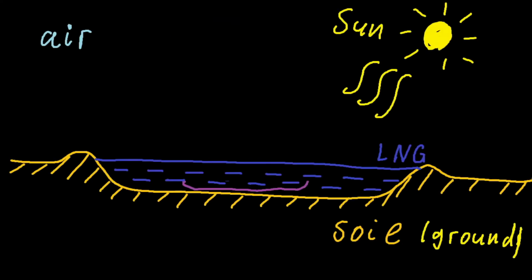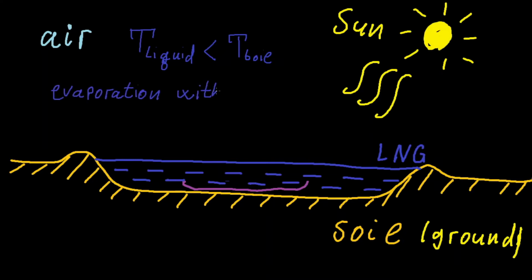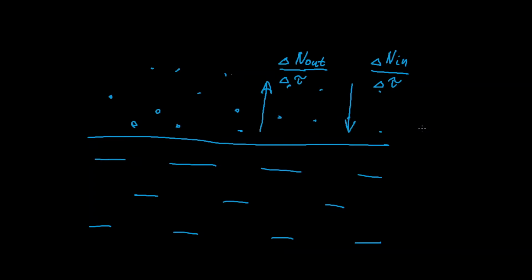When the liquid has a temperature lower than the boiling point and evaporation without boiling exists, mass diffusivity starts to affect the whole process of evaporation. You may remember that phase equilibrium can occur only if the amount of outgoing molecules per second equals the amount of incoming molecules per unit time.